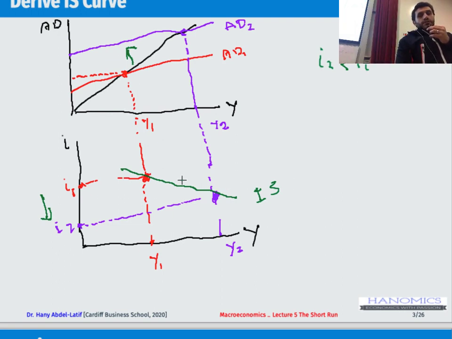If you identify these 2 points on the I, Y space and connect them, that will give you the IS curve. So the IS curve here denotes equilibrium in the goods market. You see the 2 points I plotted here, these are 2 equilibrium points on the goods market. And that means every point on that IS curve denotes an equilibrium state or point in the goods market.